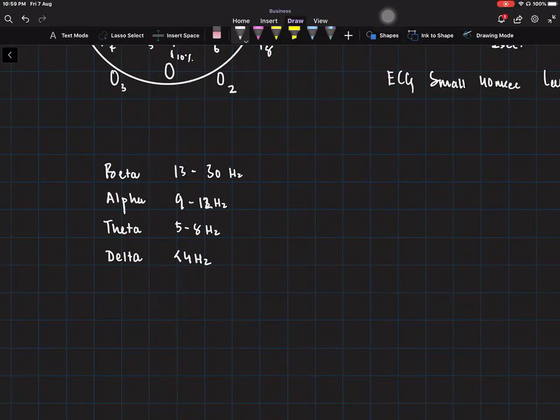I don't exactly remember. Sigma, yes, that's 30 to 200. But these are the basic waves that you really do need to remember. So in NREM sleep, what kind of waves would you usually have?